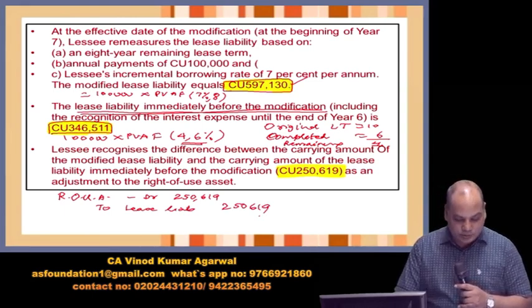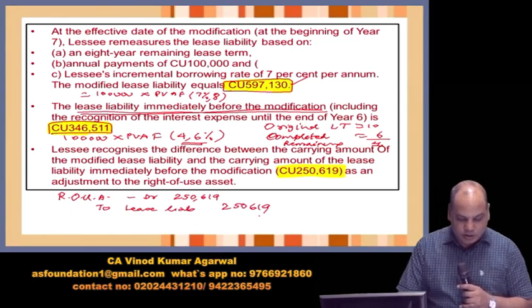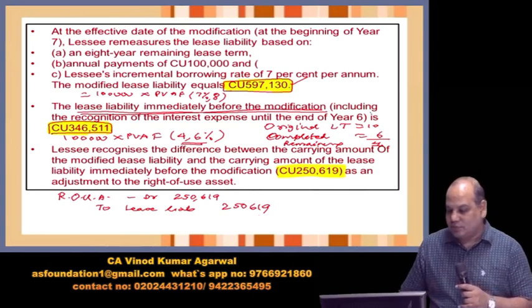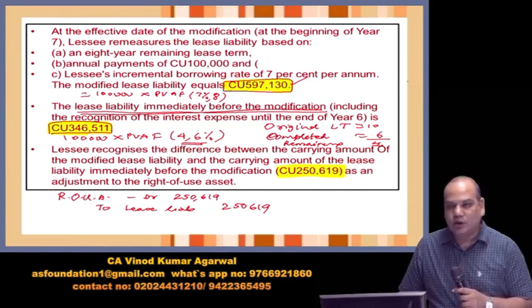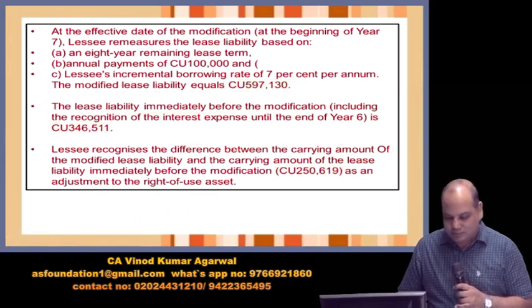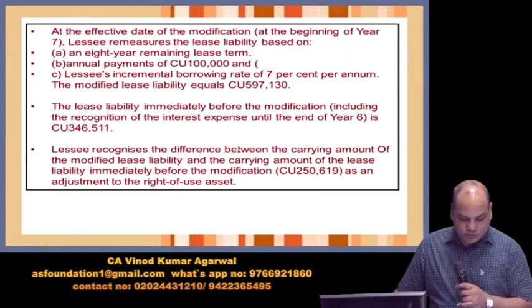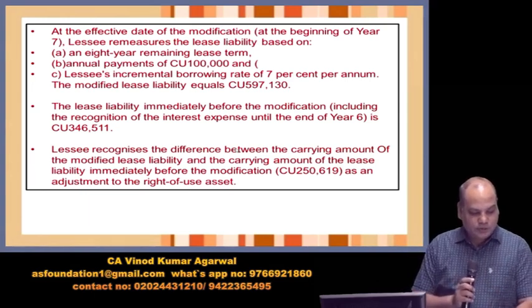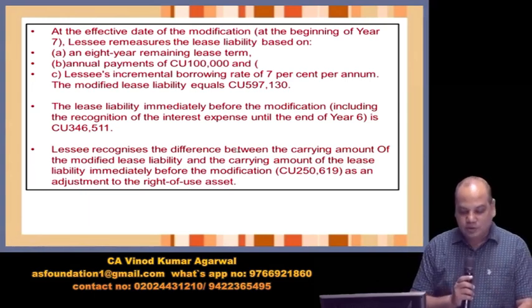So in this example, there is an increase in the scope of the lease term, but we have decided not to treat it as a new lease. So write down assumption. It is assumed that the modification does not meet the requirement of new lease.